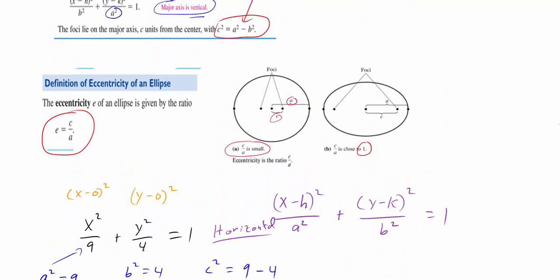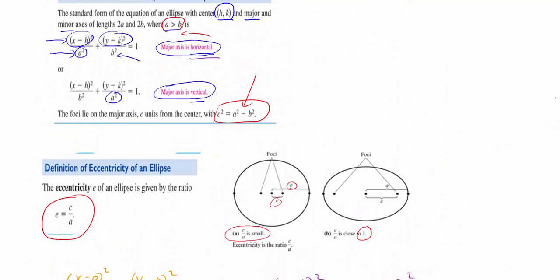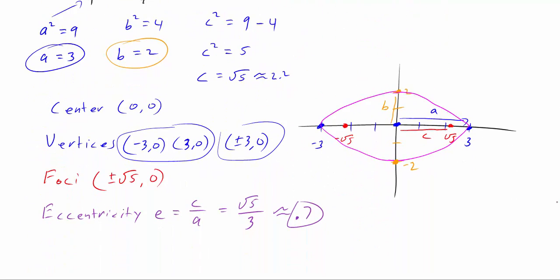So once again, you're going to find this very similar to the parabola with the x minus h squared and y minus k squared, where for the parabola that gave us the vertex, but here for the ellipse, of course, the h and k is the center of our ellipse.